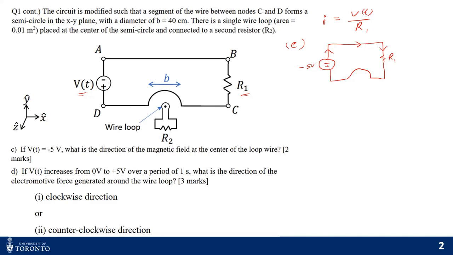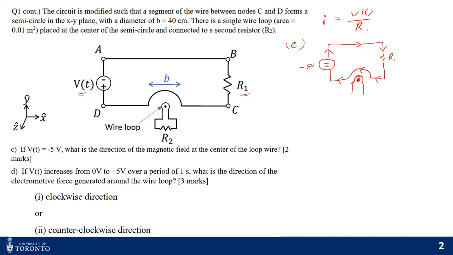Now you have to find out the direction of the magnetic field at the center of the loop. Since you have another loop here, you have to find out, because of this current flowing, what will be the direction of the magnetic field at this point, the center of this loop.